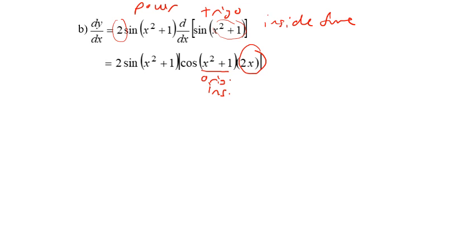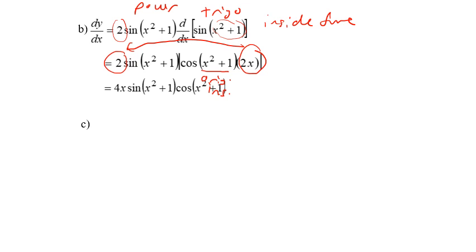So here we have the answer from the three layers of differentiation. How will we simplify this? We notice at the front we have 2 and at the back we have 2x. So we can bring 2x to the front and we get 4x. So the final answer is 4x sine(x squared plus 1) cos(x squared plus 1).